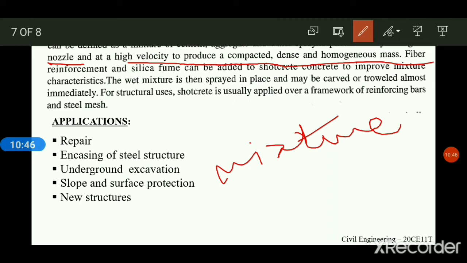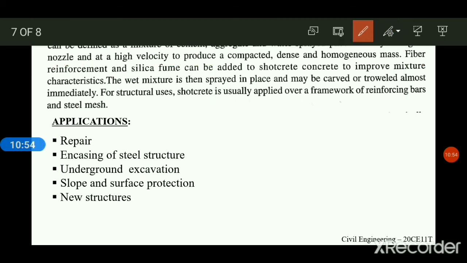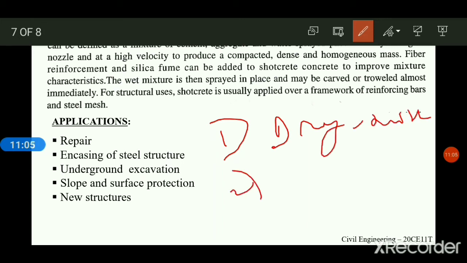Here shotcrete can be applied by two methods: first is dry mix shotcrete, next is wet mix shotcrete.